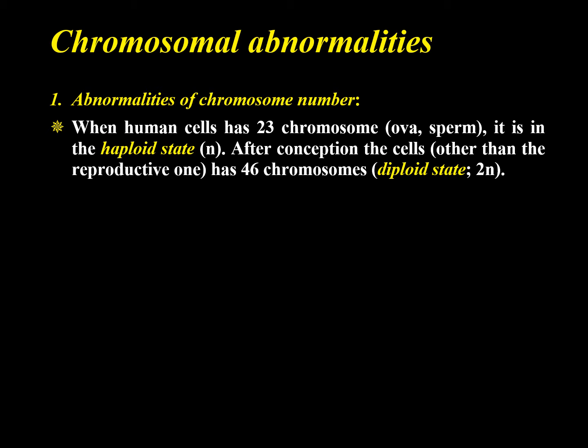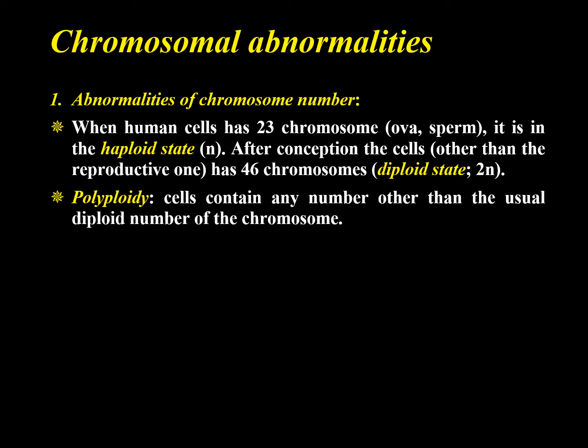The haploid state we refer to as N. After conception, the cells, other than the reproductive ones, have 46 chromosomes, called the diploid state, which is 2N. So we refer to every 23 chromosomes with the letter N: 1N is the haploid state, 2N is the diploid state.